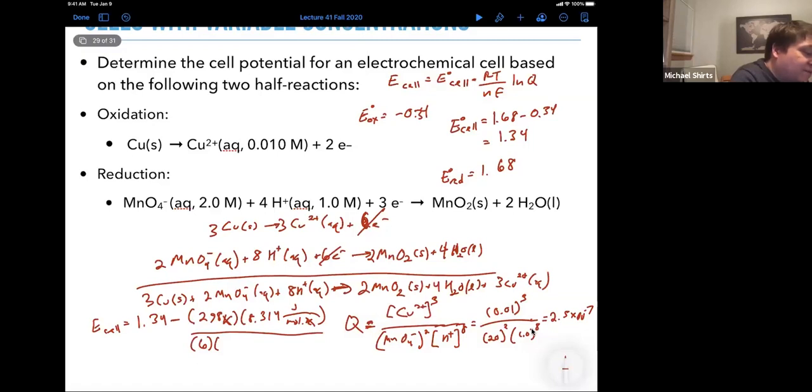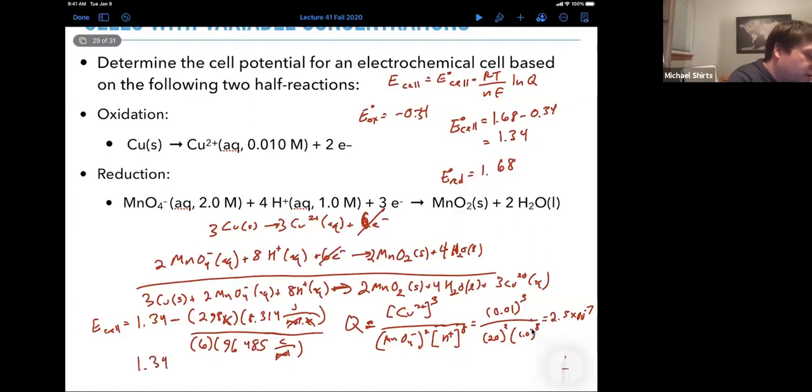We have to be careful when we look at the half reactions, so we know how many moles of electrons are transferred, divided by 96,485 coulombs per mole. And so the moles cancel, and our answer will be in joules per coulomb, which is correct. That's going to be in volts.